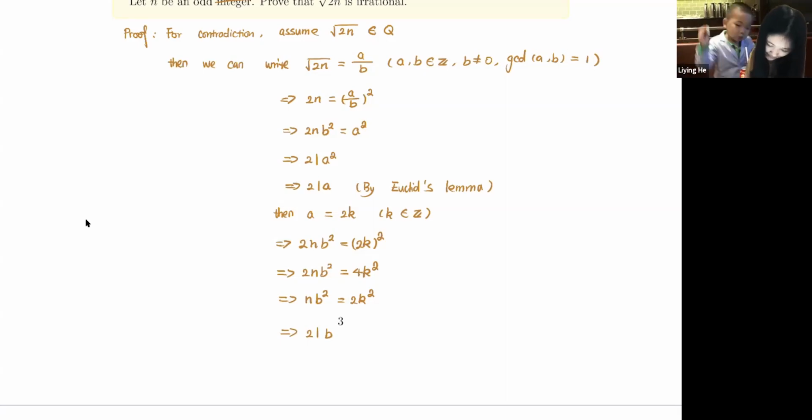Wait, we have an n here. Yeah, it has to divide b squared as well, since n is odd. If we don't know n is odd, then we cannot make this conclusion. Since we know n is odd, which means it's not divisible by 2, so we know that b squared must be the one that is divisible by 2. Okay?